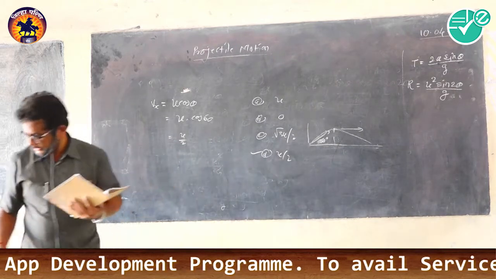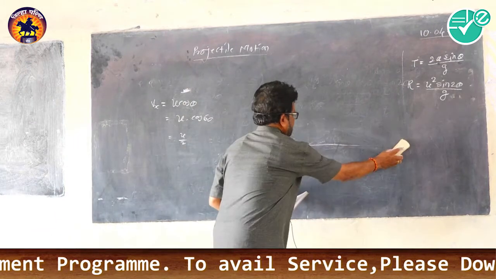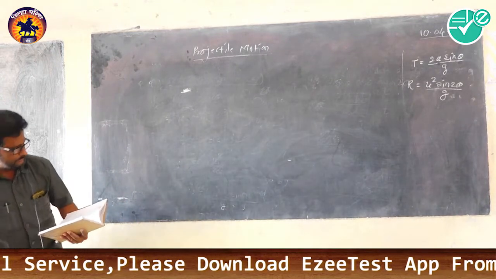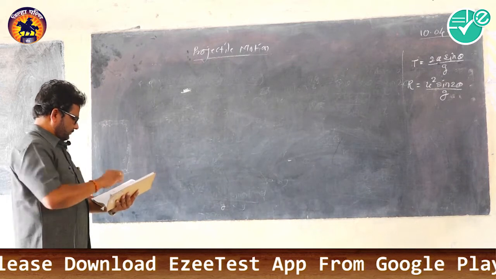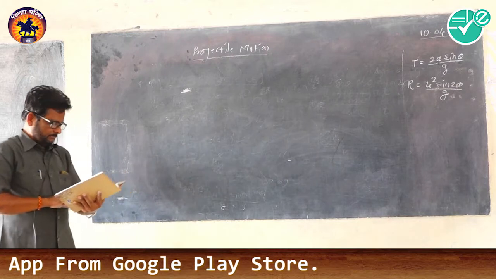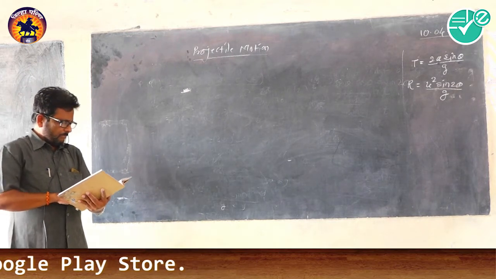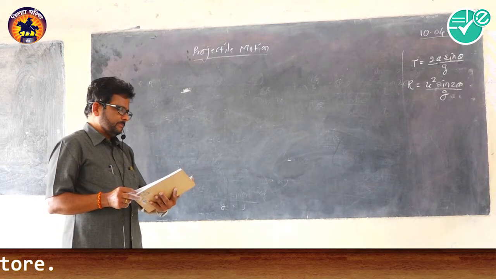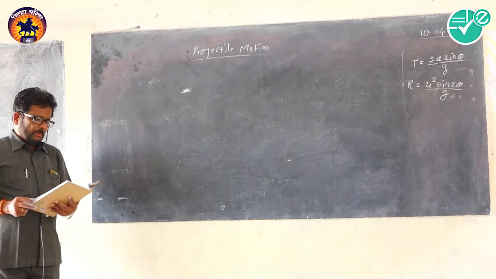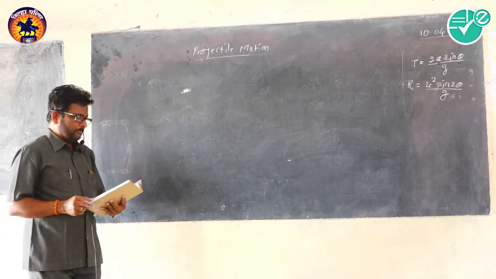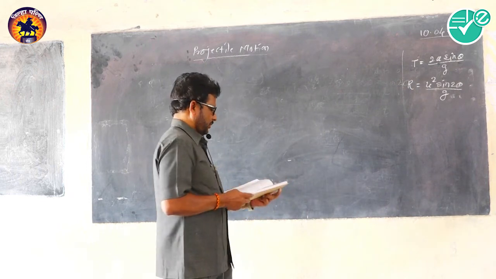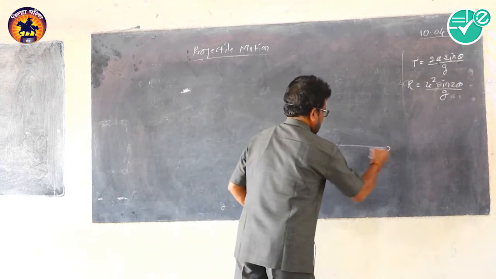Suppose the problem is like this: two bodies are thrown up at angles of 45 degree and 60 degree respectively with the horizontal. This is the XY plane.